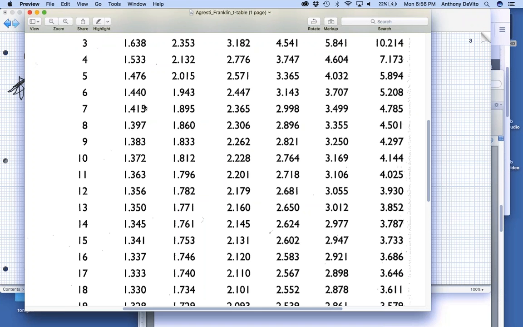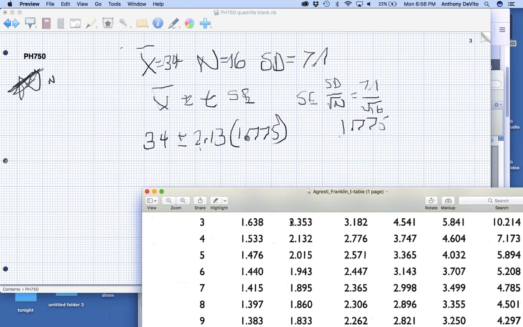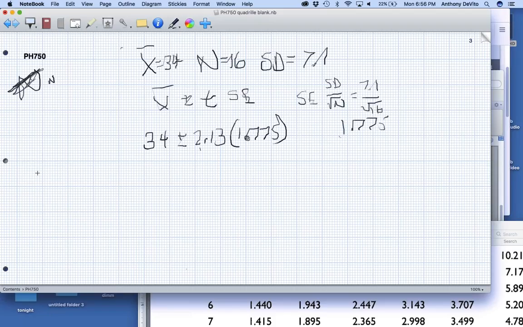Okay, now let me go back to this for a second. So what does that exactly mean, that T-score is 2.13? Well, the normal distribution, the Z distribution, looks something like this. And 95% of that distribution is between 1.96 standard deviations to the left of the mean and 1.96 standard deviations to the right of the mean. My T distribution has a similar shape, but it's wider.